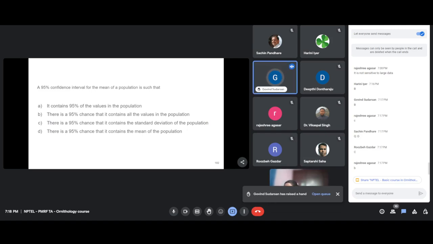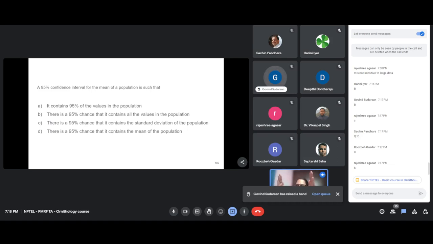What do you define as a confidence interval? Sorry, I cannot hear you. Do you give the definition of the confidence interval? A confidence interval is a range of values between which you can say with confidence.